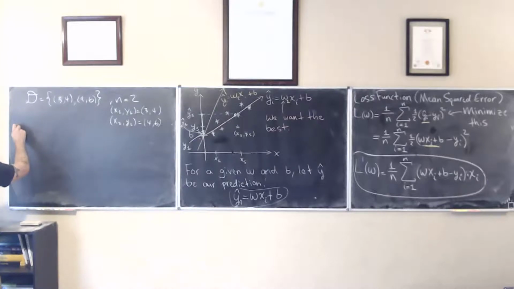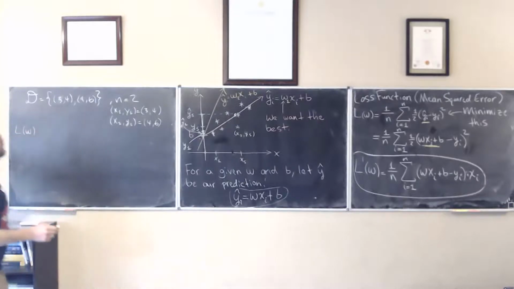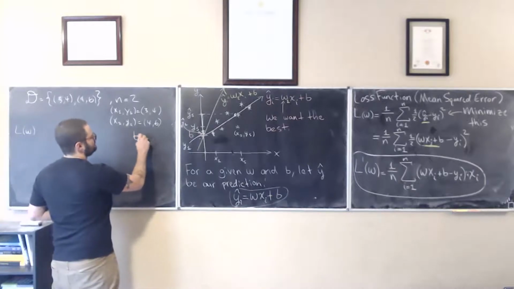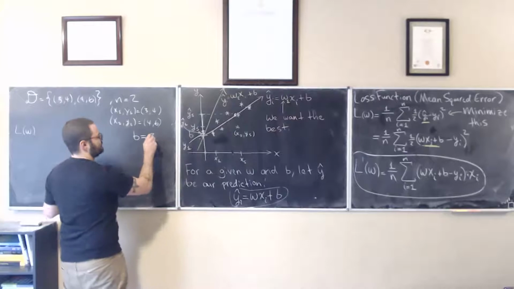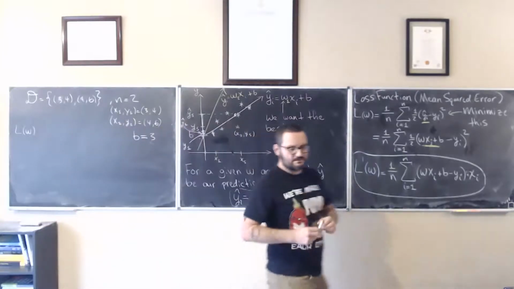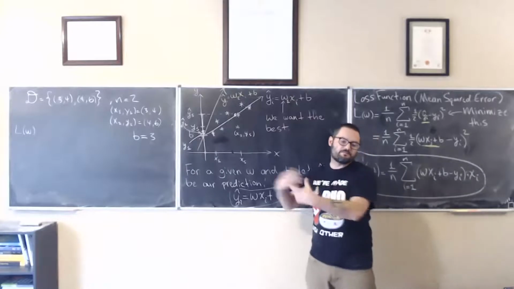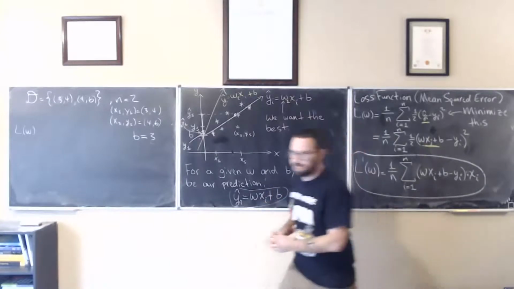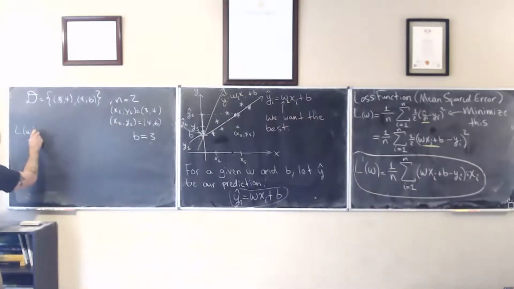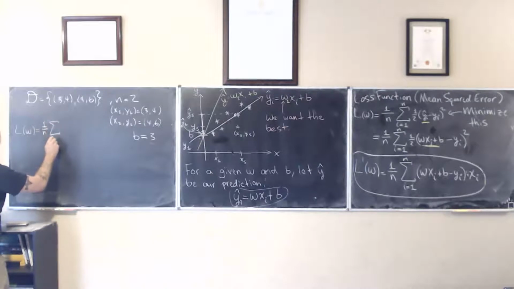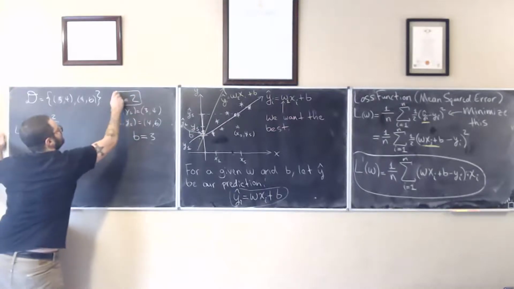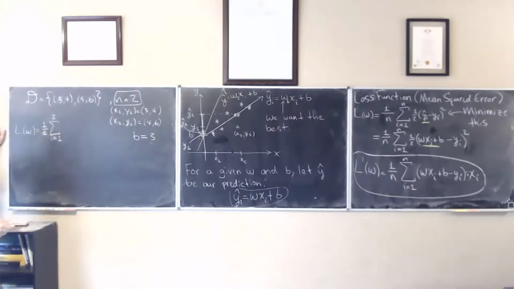So our loss function, and let's go ahead and fix b at 3. Again, we're not treating b as a variable. We're just going to pick it the best we can, right? So n is now 2, so 2 there, 2 there.